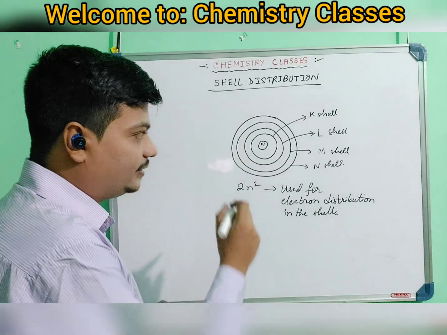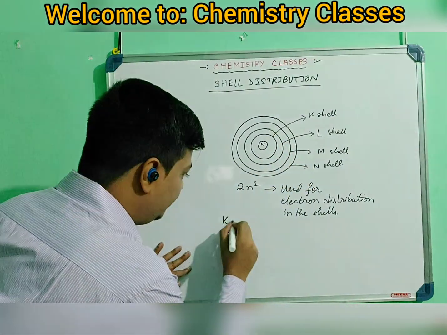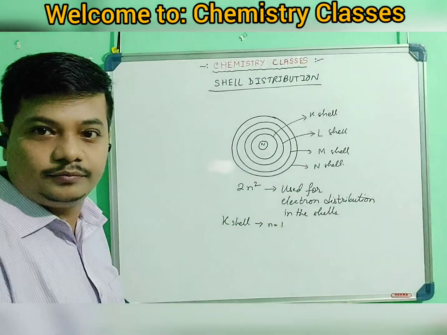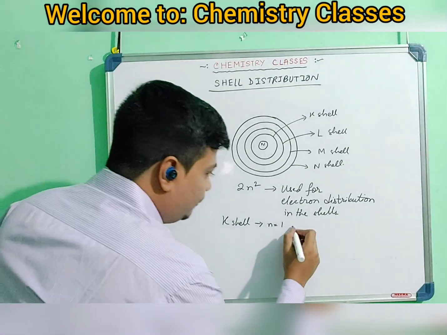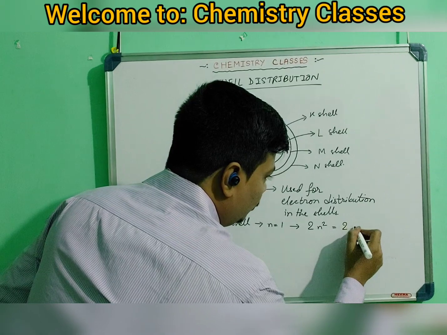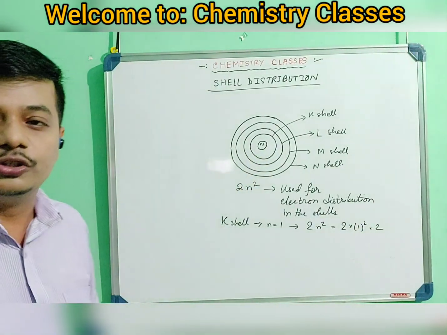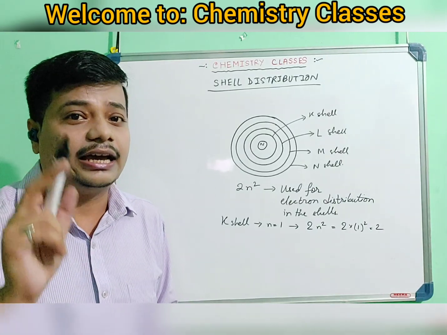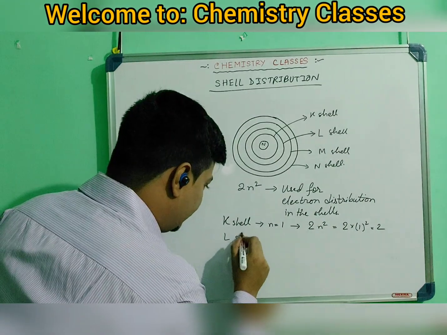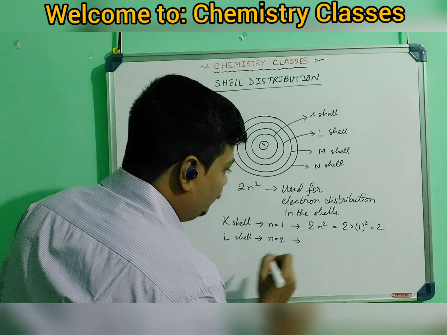Now let us say, for example, the first one is K shell. For K shell, n is equal to 1. So when n is equal to 1, 2n square will be equal to 2 into 1 square, that is 2. So that means my K shell can accommodate only 2 electrons. Now the next shell, L shell, n is equal to 2.